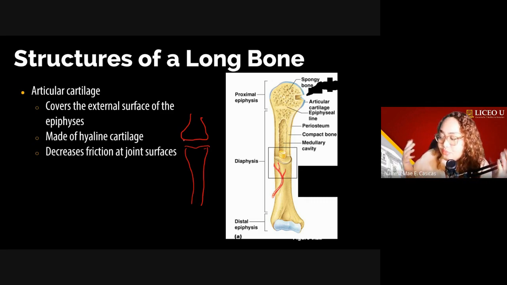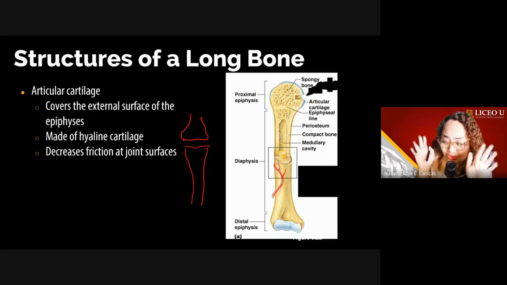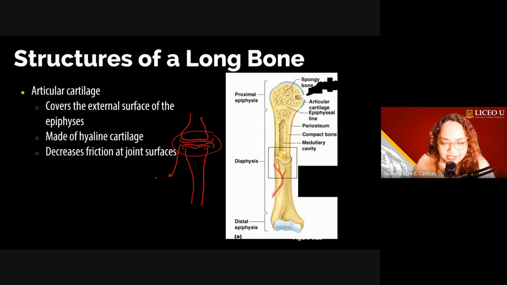Imagine your bones grinding against one another, it's going to hurt a lot. So there must be a cushion, and that is your cartilage. In this case, that will be your hyaline cartilage, and in the middle of that, surrounding that area, would be your synovial fluid.